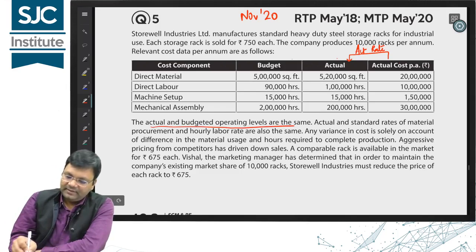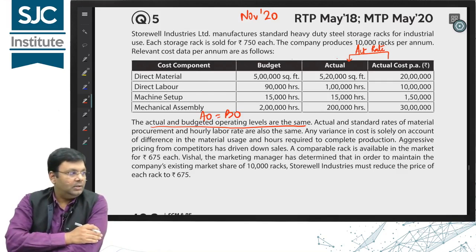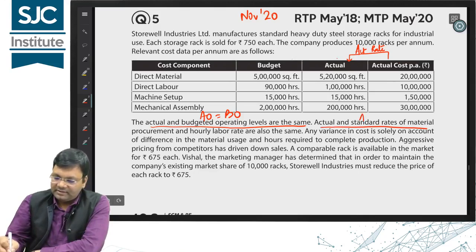You write here, this means that actual output is equal to budgeted output. Next, actual and standard rates of material procurement and hourly labor rate are also the same. So actual rate of material and labor rate are also the same. That means actual rate is equal to standard rate.